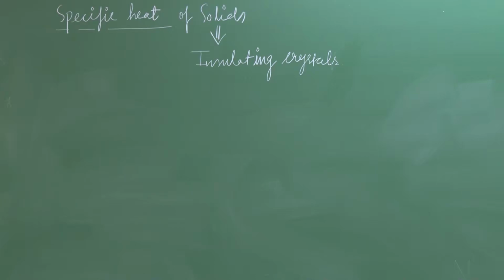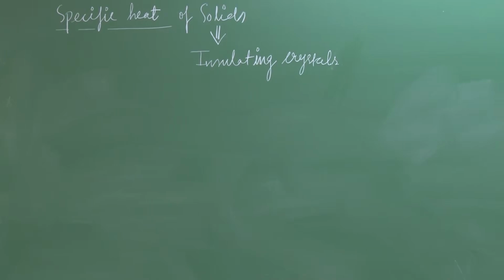I mean, it will be specific when you say amount of heat required per kilogram, then you are basically talking about specific heat for a kilogram of that material. Or you can talk about volume specific heat, which is specific heat per unit volume.